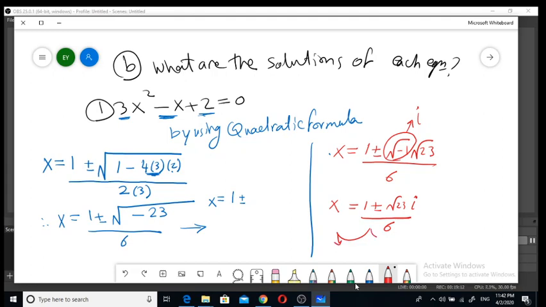So we have two solutions. We can say x1 is equal to 1 over 6 plus square root of 23i over 6, and x2 is equal to 1 over 6 minus square root of 23i over 6. These are the solutions of this equation.